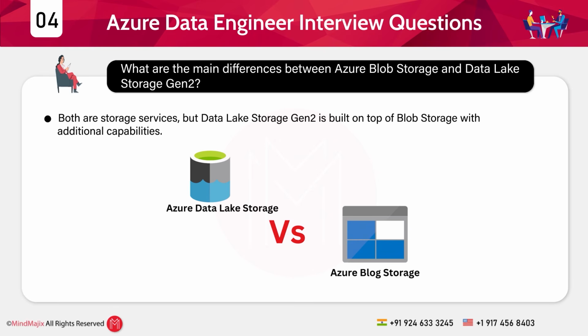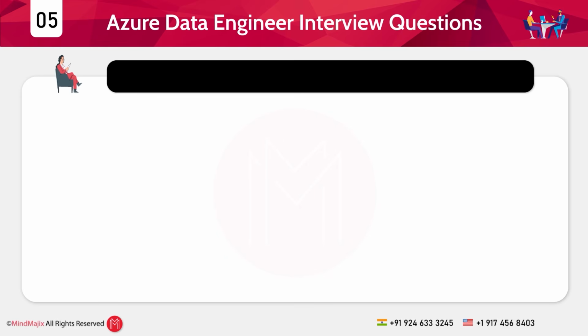Blob storage is good for general purpose file storage, while Data Lake Gen 2 is better for advanced analytics. For example, a company might store images in blob storage, but on the other hand, large log files are stored for Spark processing in Data Lake Gen 2. So guys, let's move to the next question.